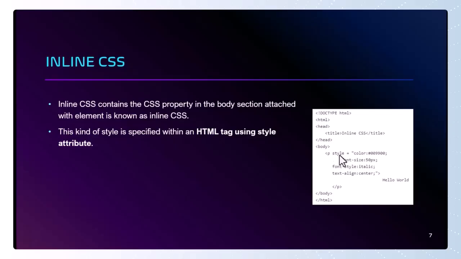We're setting the style, the color and the font size, right there within the element itself. So we have the opening P tag, inside that P tag we're setting the style, and then we have the content, and then the closing tag.